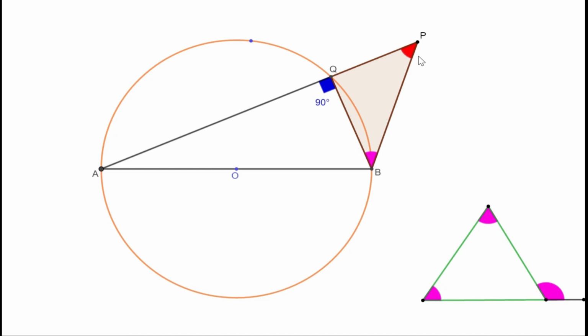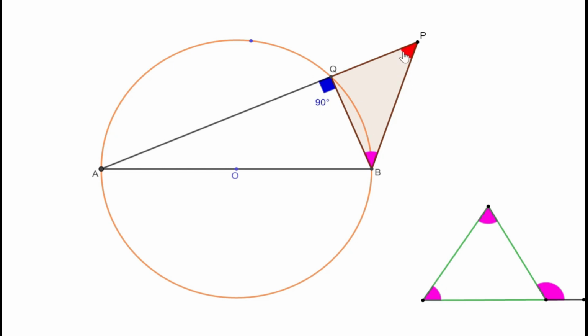So when you take this angle, that is always less than 90, because if this angle is added to this angle, then only that becomes 90 degree. So if you take this angle alone, that is always less than 90 degree.